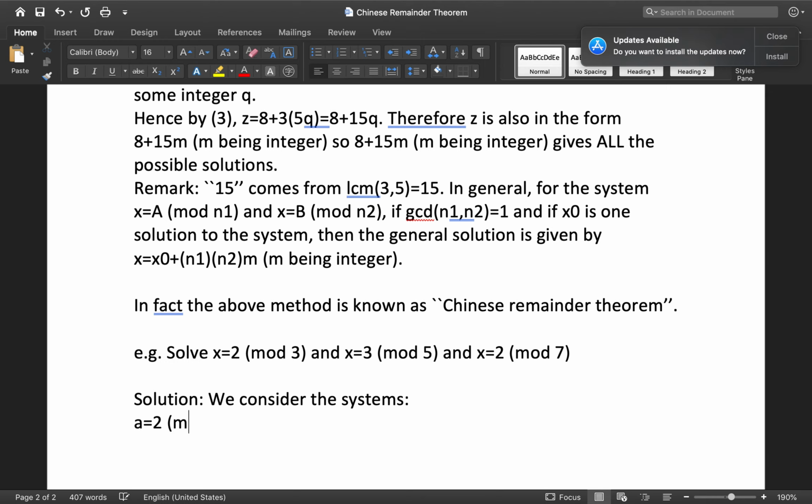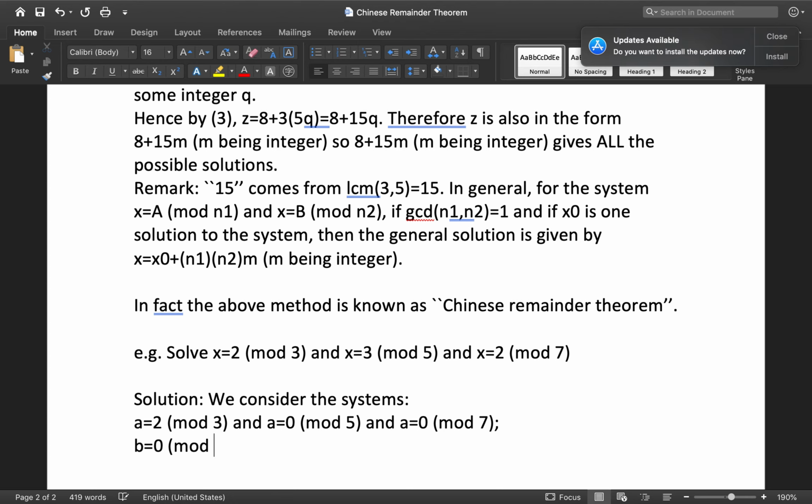Now a has to be congruent to 2 modulo 3, and a congruent to 0 modulo 5, and a congruent to 0 modulo 7. So this is the first system, which is for a. Okay, and then we have another variable which is b.